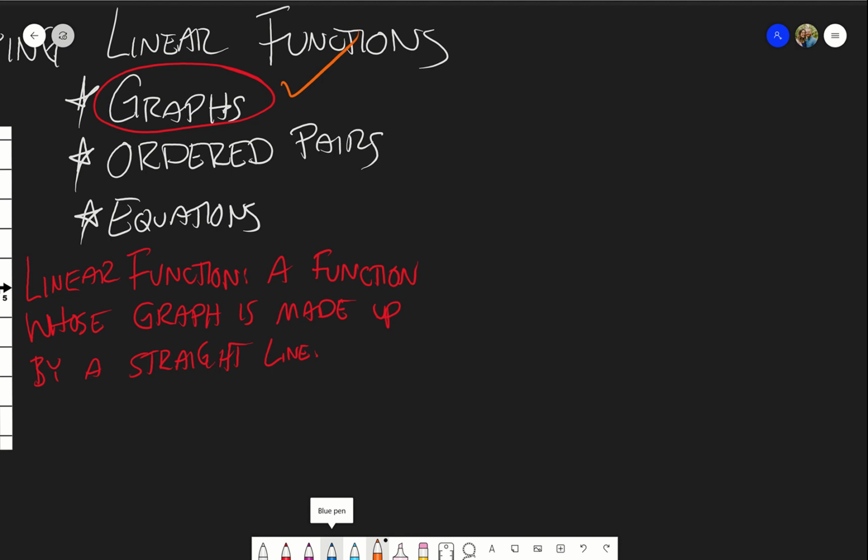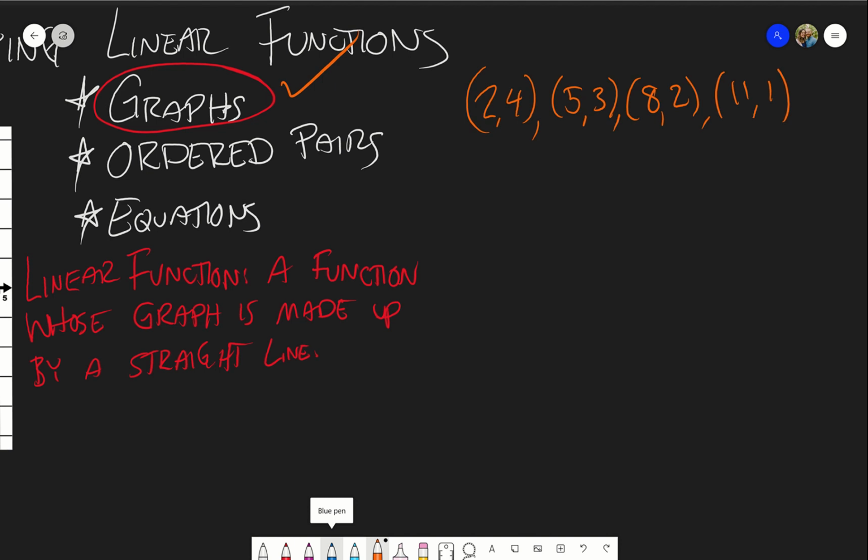All right, let's talk about ordered pairs. Let's say I have a list of ordered pairs: (2, 4), (5, 3), (8, 2), and (11, 1). Okay, here's a list of ordered pairs.